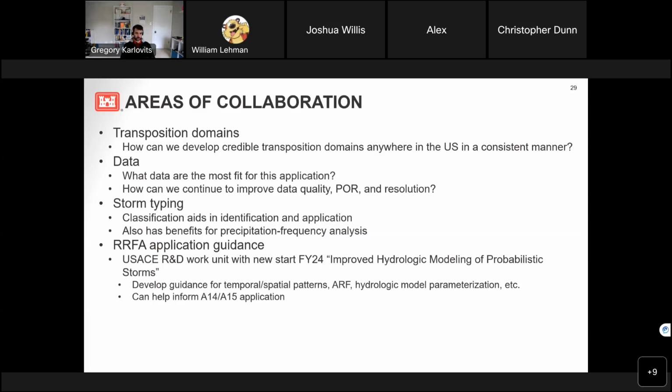Now, one place that's really cool is we just had a new START work unit, an R&D work unit under the Flood and Coastal Systems program on improved hydrologic modeling of probabilistic storms. What we're hoping to do is use SST as a tool for answering some of the questions that we have, so that people can do a better job of still doing the traditional modeling. Some of that guidance is ancient.